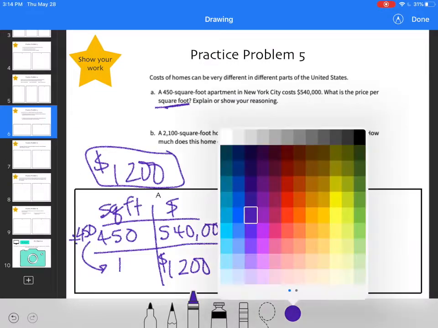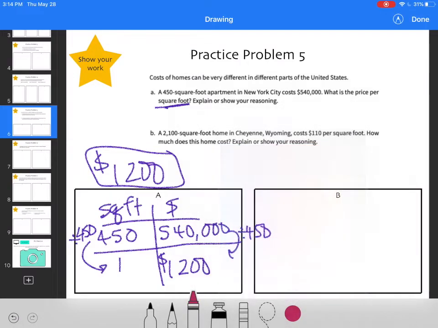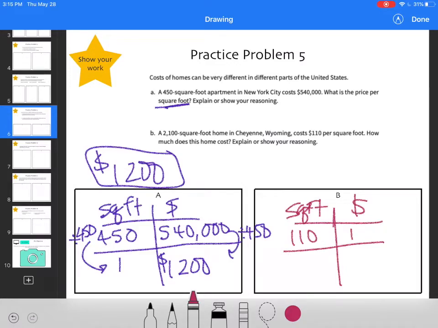So then it says there's this house in Wyoming and it costs $110 per square foot. How much does this home cost? So I know that I have a square foot. I know I have my cost. I know it's 110 for 1 square foot.